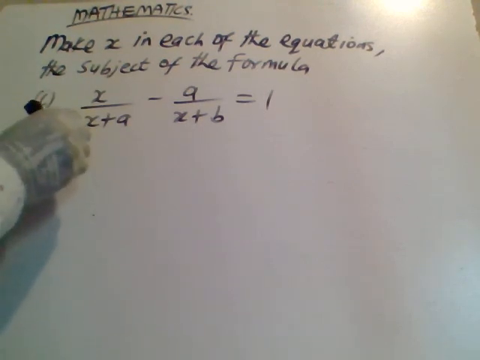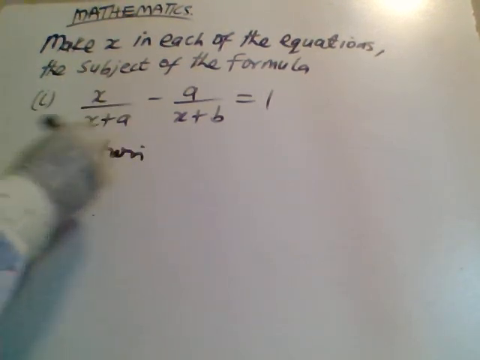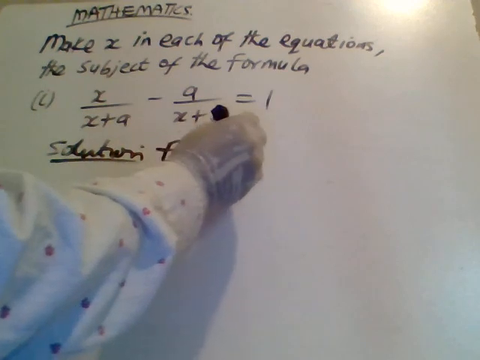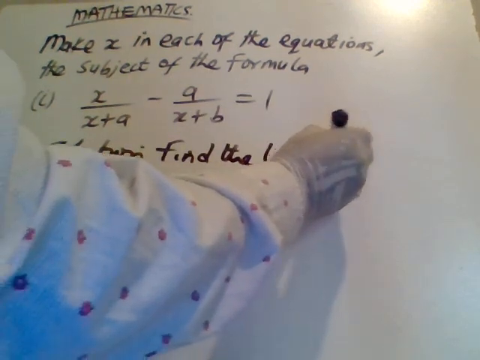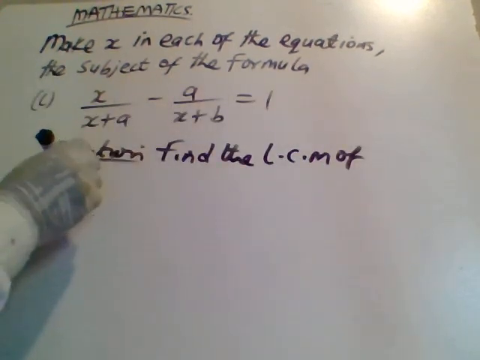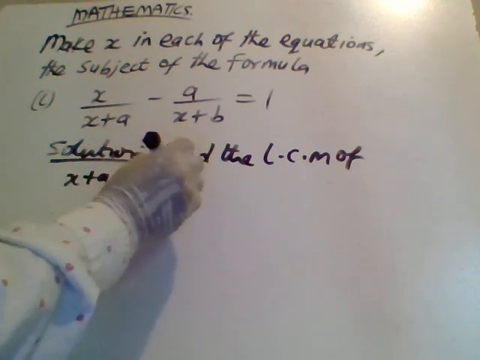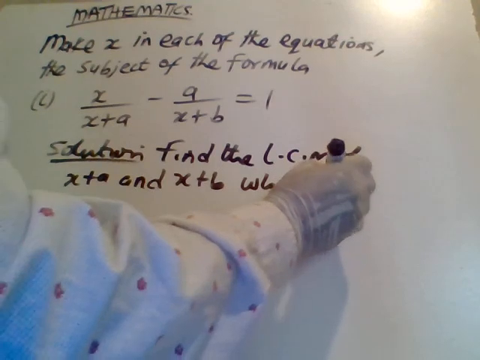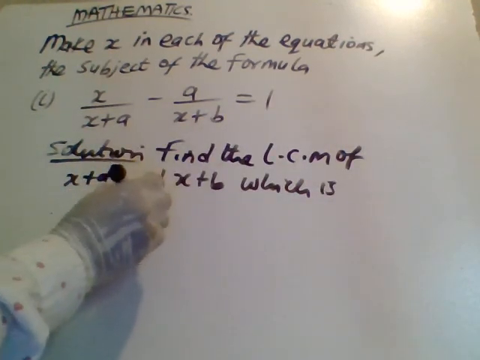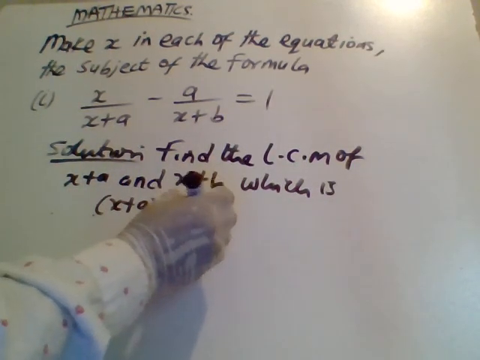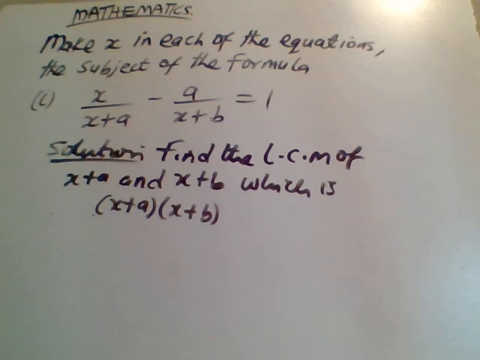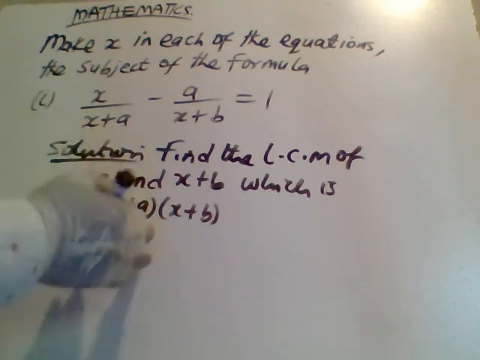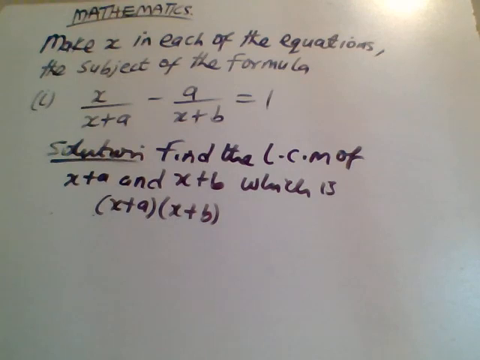So we have to find the L.C.M of s plus a and s plus b, which in this case is s plus a, s plus b. Once you have found it, you multiply it into the equation.